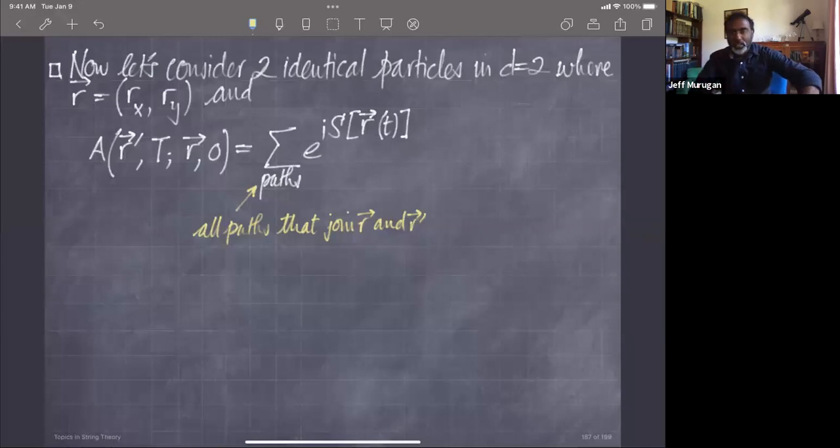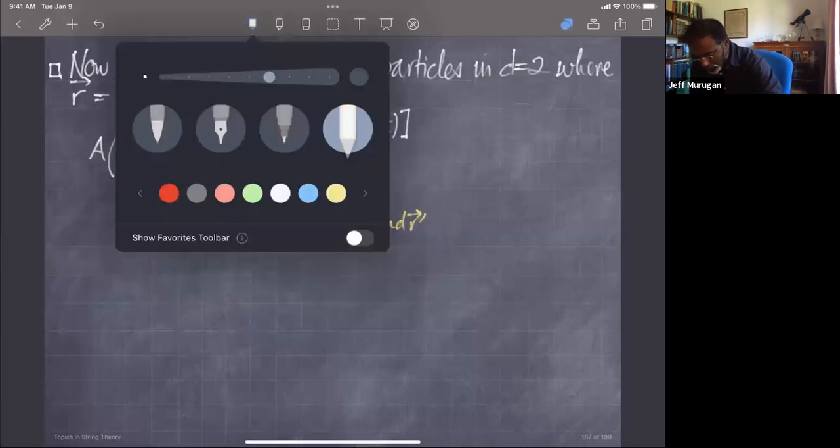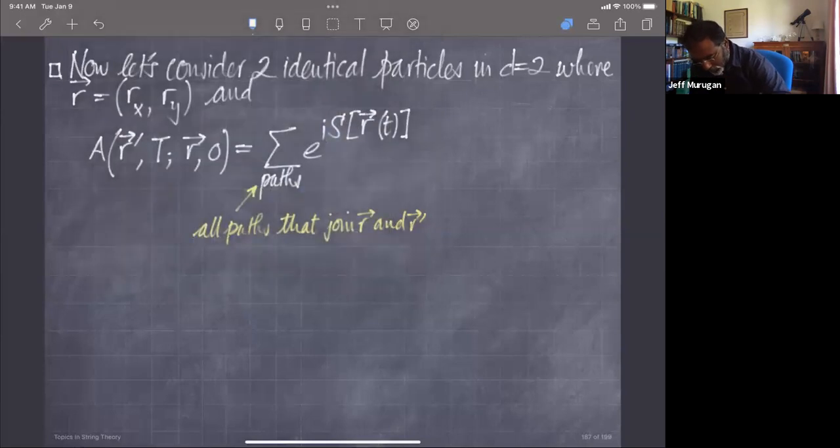To see why, let's draw a picture. And I want to draw the picture in relative coordinate space. And I'm just going to draw 3 typical paths, characteristic paths, if you want. First one, second one, and a third one.